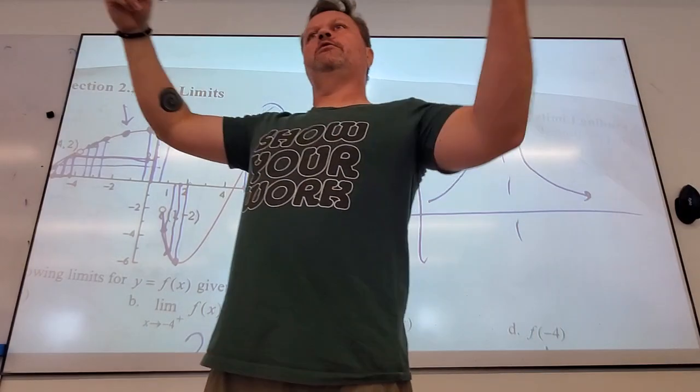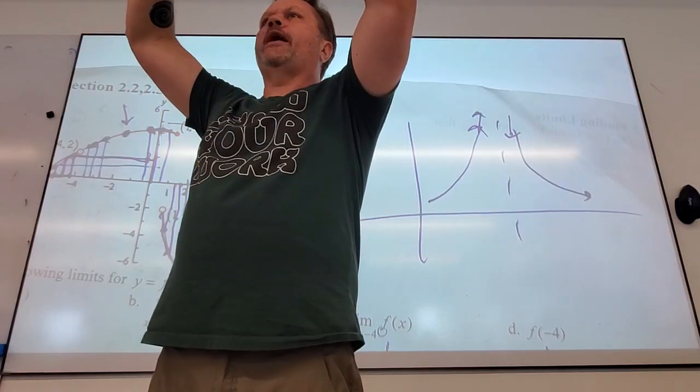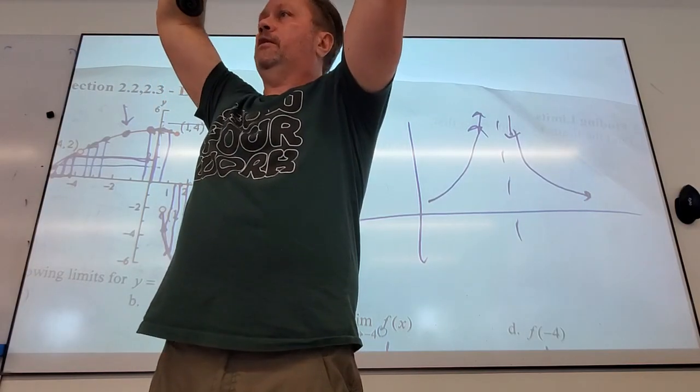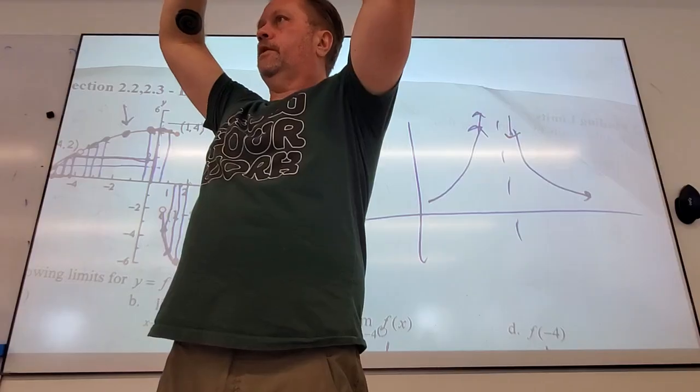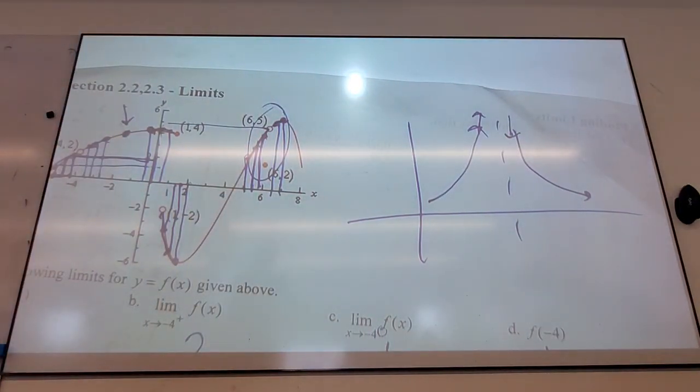Not only are you approaching the same place from both sides, but you actually get there. You guys kind of with me? So a limit doesn't care what happens at the point. To be continuous, I have to be able to drive through it. So we care about both, don't we? We care about, is it going to the same place? So once I drive through it, can I continue to drive? Or is the road suddenly gone?